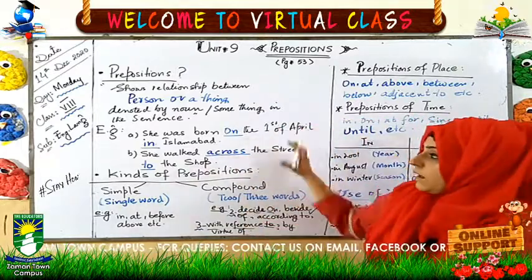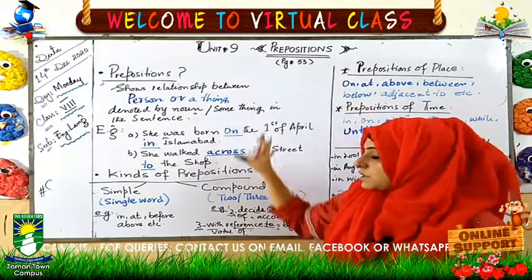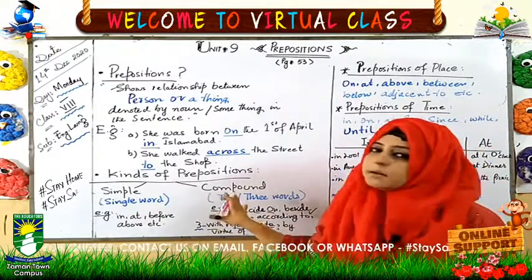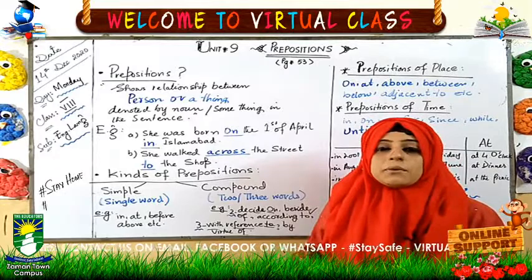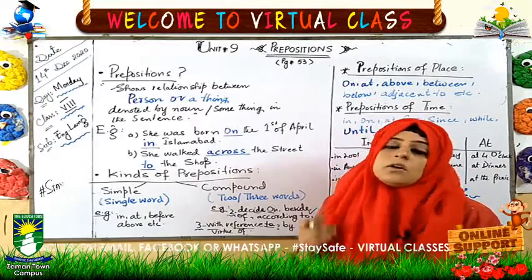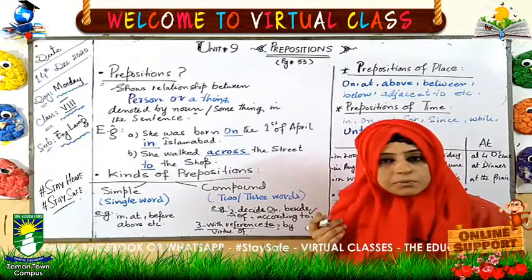So here we have understood what prepositions are and the kinds of prepositions. Basically two kinds we are having: simple and compound. Simple has only a single word, but the compound one is the combination of two words or three words together, and forms the compound preposition, right?